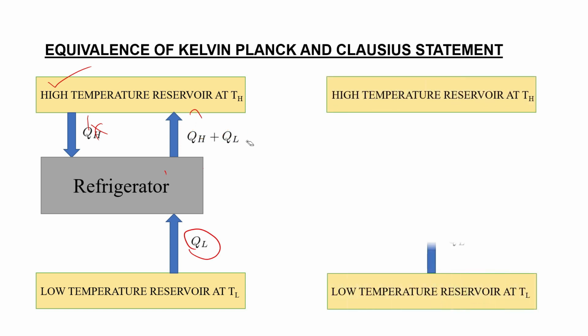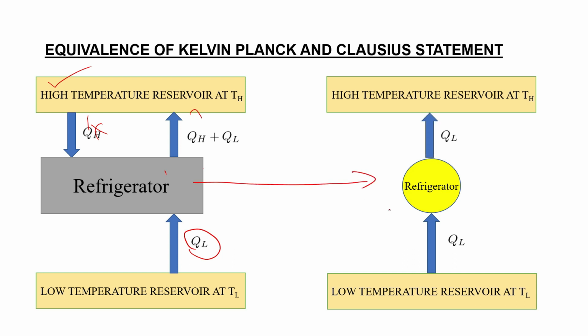So again I am showing this combined device. This is the same refrigerator. What it is actually doing is it takes in heat QL, because as I told you, this will be cancelled: QH is supplied here and QH is taken here. So you can cancel it off. So this will be like this.